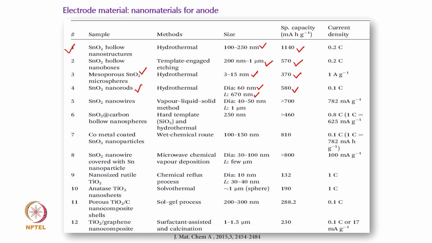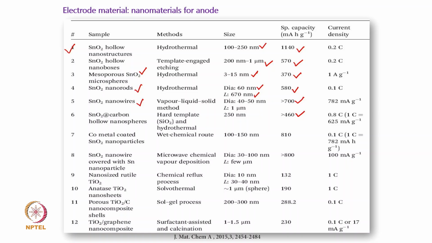You have slightly higher specific capacity. Similarly, when you have SnO2 nanowire, you have slightly higher specific capacity, and then SnO2 coated with carbon hollow nanosphere, you have slightly different specific capacity. Okay.